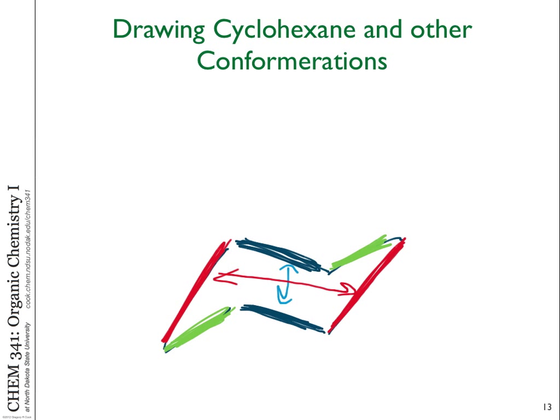And the green ones, from this perspective, is not that easy to see, but these are actually exactly opposite of each other on that ring. Okay? So, could you draw that particular structure in that way? You should hopefully at some point be able to do that with some ease.